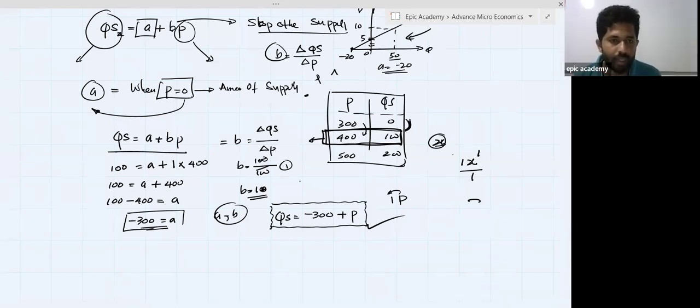So then you can identify sometimes the value for the A, meaning when the price equals 0, the amount of the supply, the value of the A can be a positive value, or sometimes it can be a negative value, or sometimes it can be 0. If the supply curve starts from the 0 point, the value for the A must be 0.